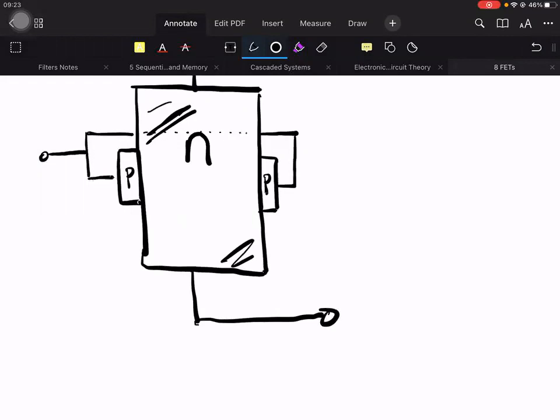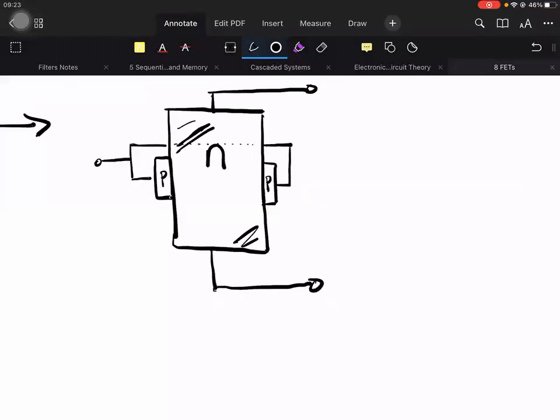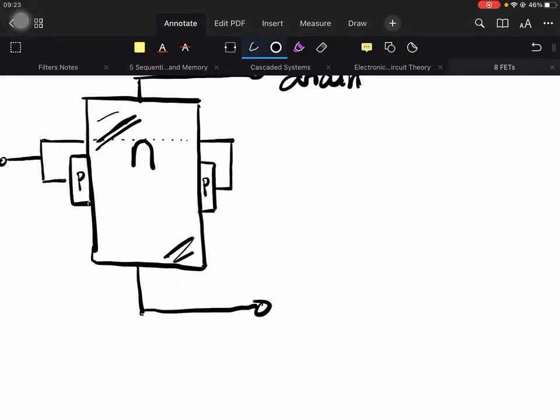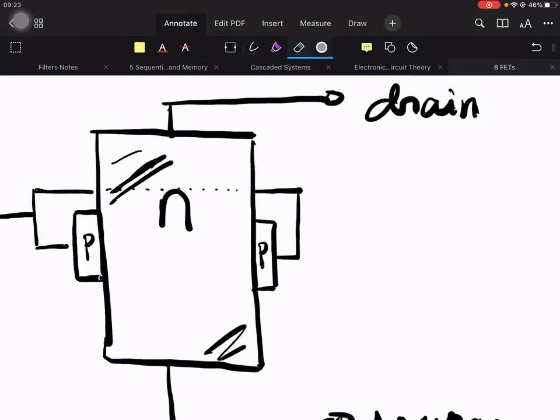So basically, we also have three terminals for our device. We'll call this terminal the drain. This one is the source. It's easier to imagine why these names were decided for the terminals.